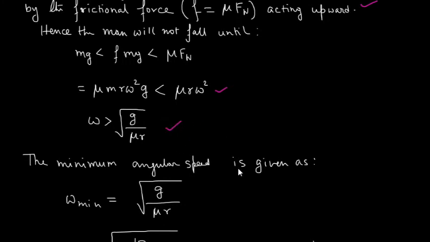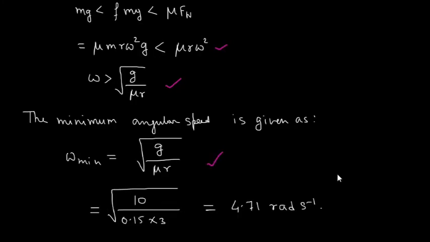The minimum angular speed is given by ω_min = √(g/(μr)). To find the value of ω_min, we just need to put the values of g, μ and r, that is √(10/(0.15 × 3)), that is 4.71 radian per second.